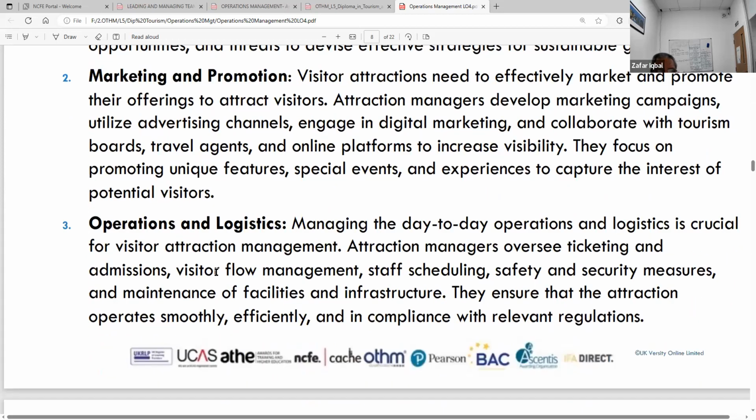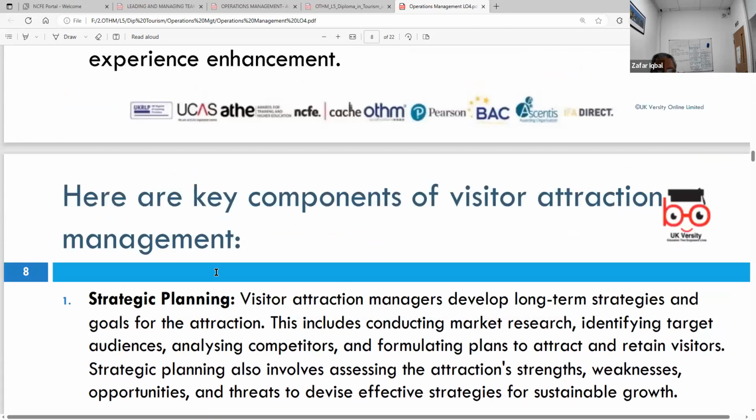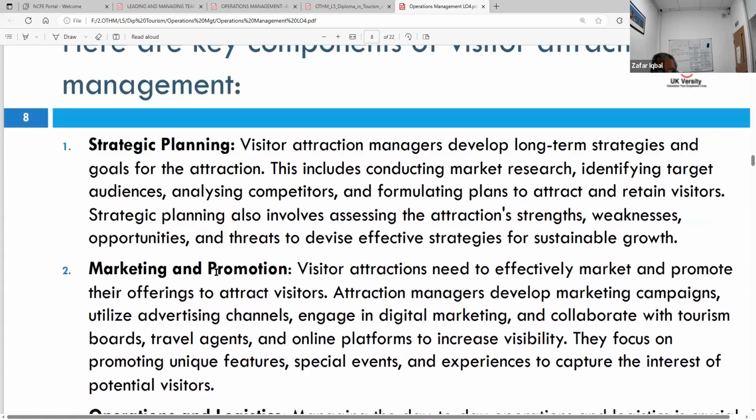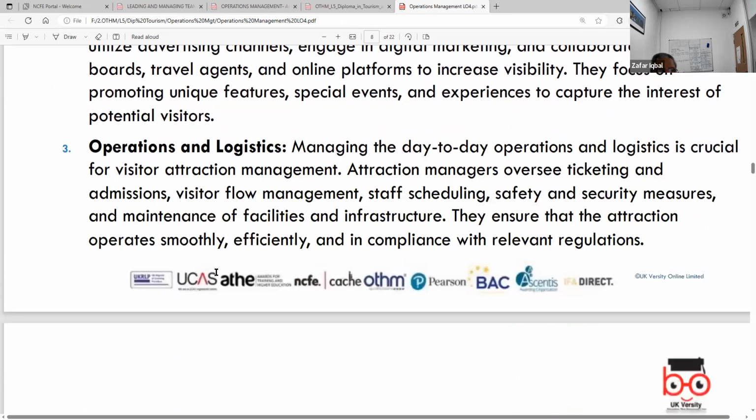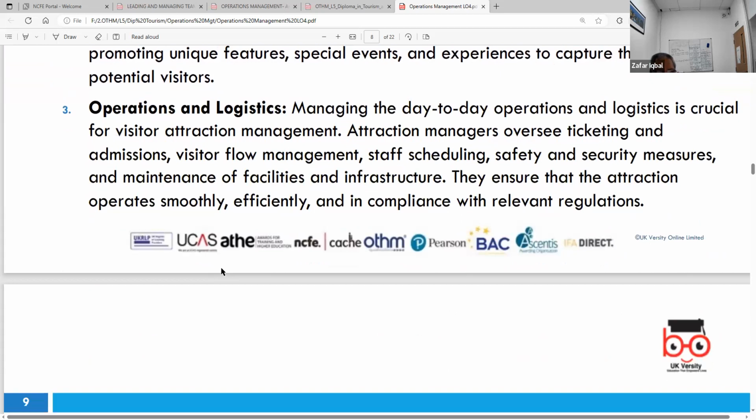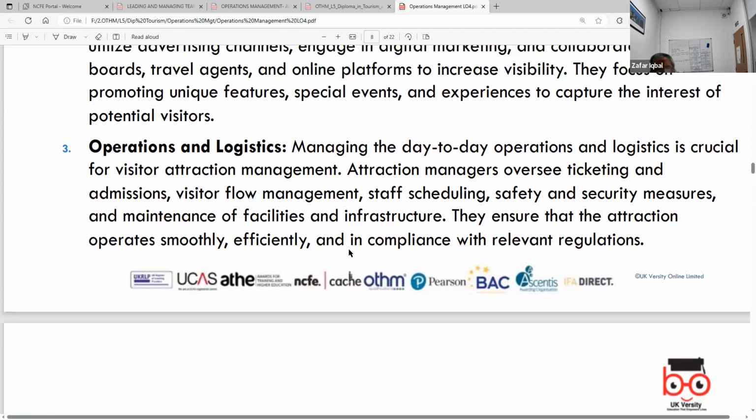Okay, the third component of the visitor management system is logistics and operations. How are you going to manage the day-to-day running of the place, for example looking after the ticketing system, admissions, flow management, traffic management, security measures and maintenance?